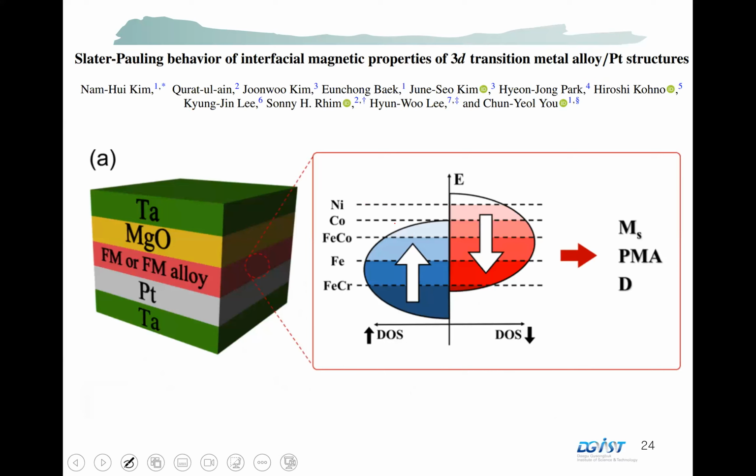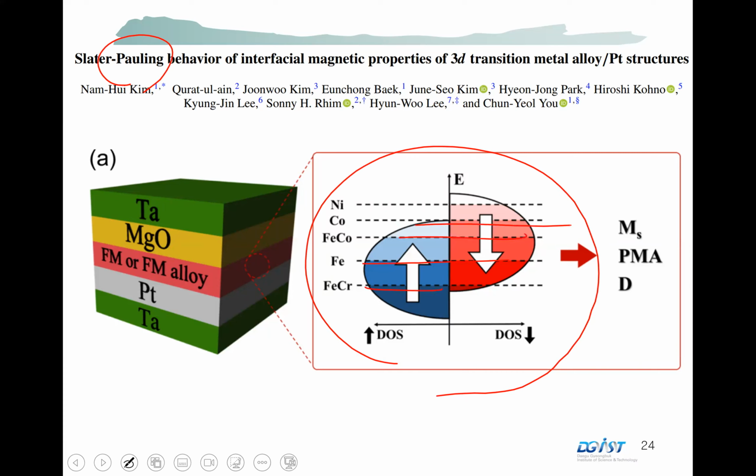And very recently, our group published one paper called the Slater-Pauling behavior of some things. And now I hope you understand what I'm saying. When you make the alloy, the Fermi level is changed, and every magnetic property can be changed.